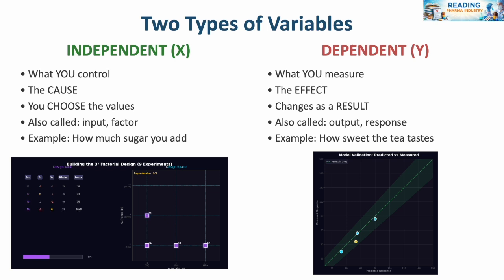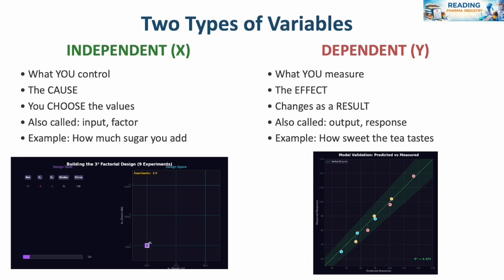Now here is the crucial distinction. There are two types of variables, and we really need to understand the difference between them. The first type is the independent variables, and we often use X to describe them. They are the ones that you control, so you are the one who decides their values.